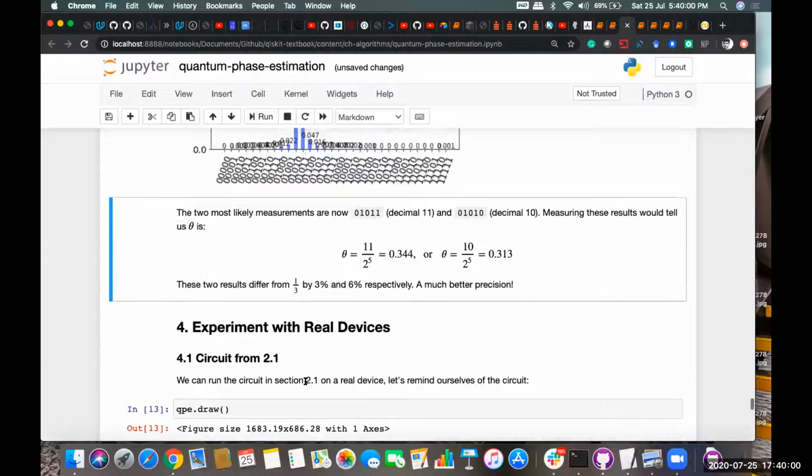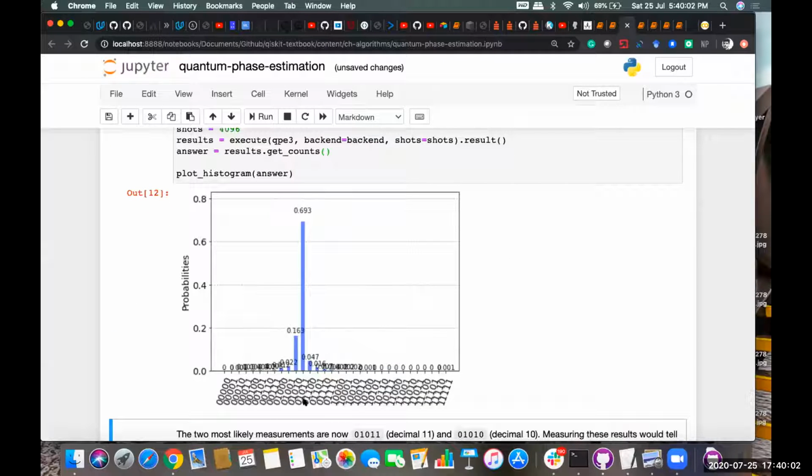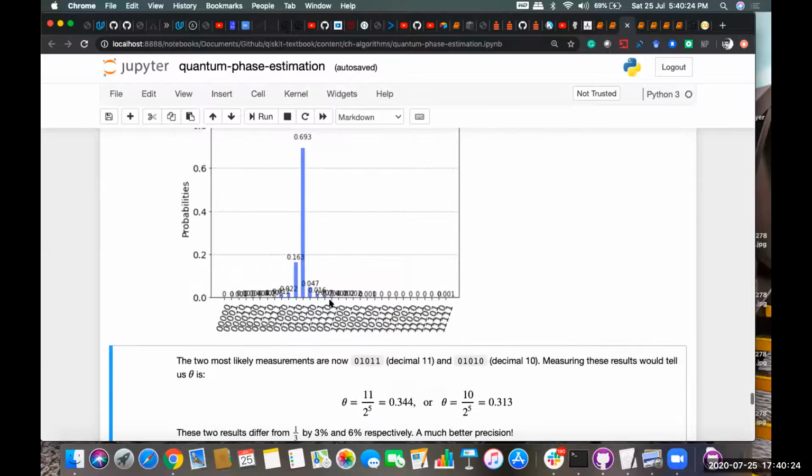So with each increase in the number of qubits, the number of quantum states also increases. Right? If we have 5 qubits, the number of states will be 2 to the power 5, that is 32 quantum states, on which we are going to apply the quantum Fourier transformation to measure the approximate value of theta.